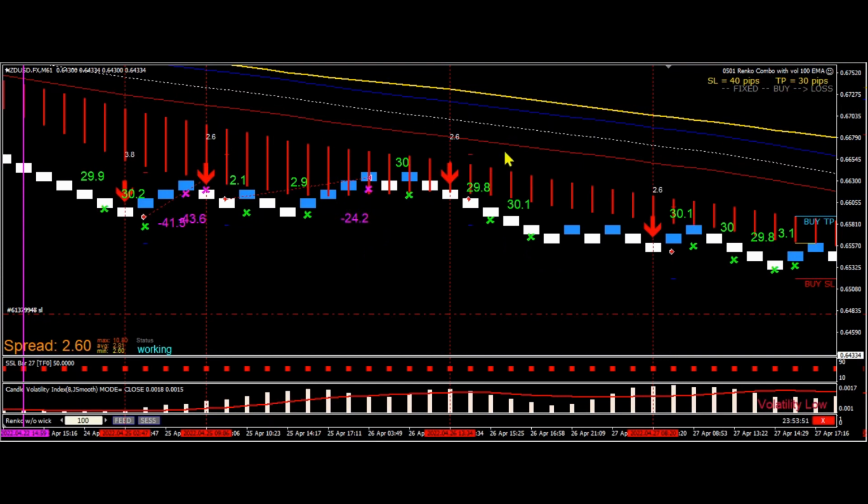So we're looking for price to be under our trend line, under our baseline. We have to have the two confirmation indicators line up. That's a sell and a sell. And we have to have valid volatility, which is this line above the red line. After we have all of that, then we will trigger our trade and look for it to hit our take profit level, which I have set at 30.